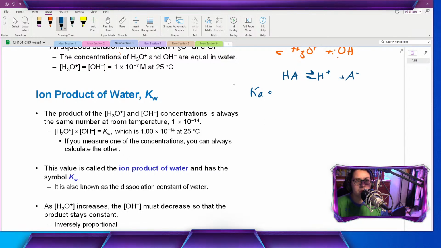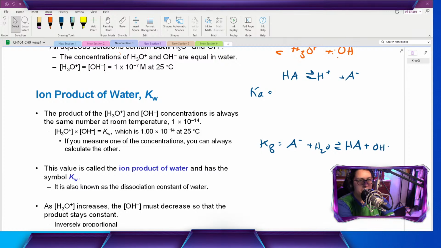But if we wanted to do our Kb, that would be if we take our anion, and then it reacts with water to reform our acid, HA, plus hydroxide. And so now we have our Ka and our Kb.